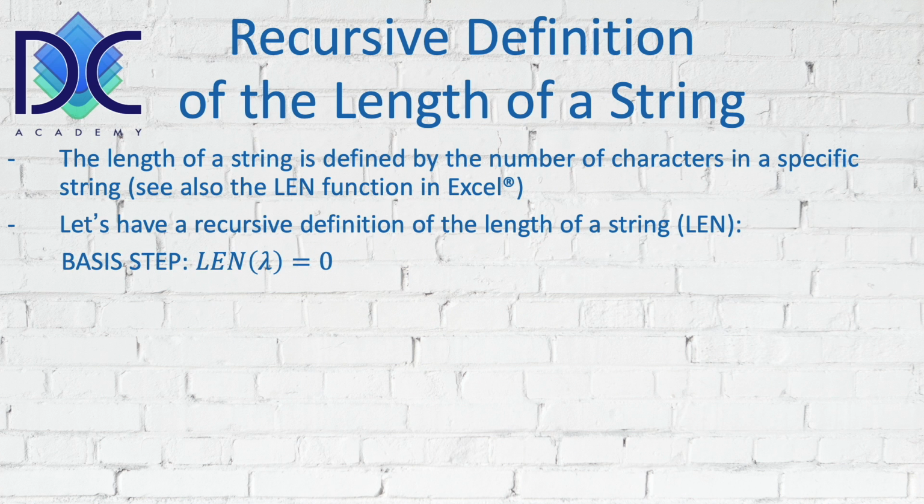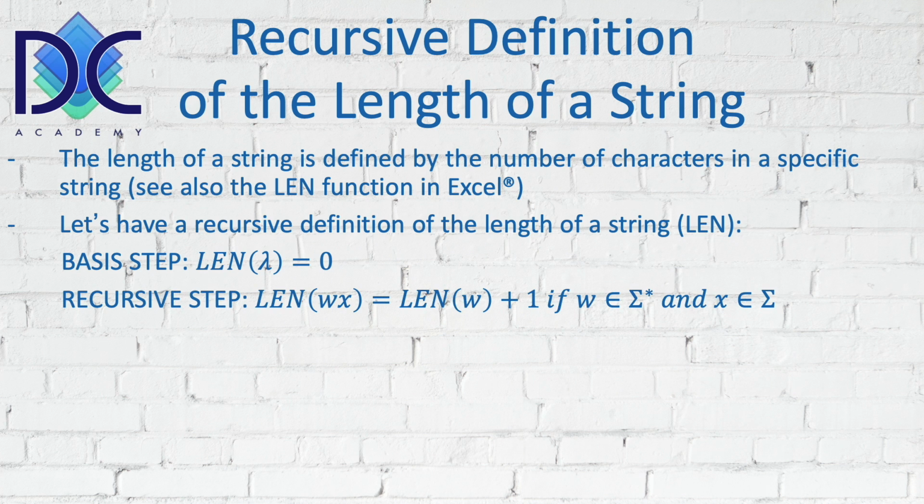Now, the basis step: len(lambda) is equal to 0, so the empty string has a length of 0. There are no characters, there are no elements in it, so the length is equal to 0.